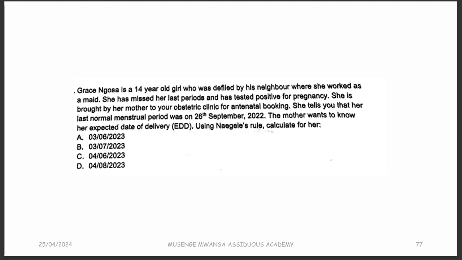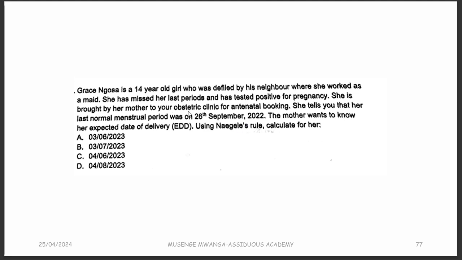We'll talk about these rules, of course, but just add 9 months to that period. So 26 September plus 9 months. Which month is it going to be? September, October, November, December, January, February, March, April, May, June. So it's going to be in June.